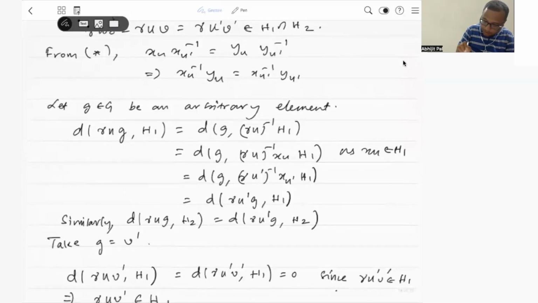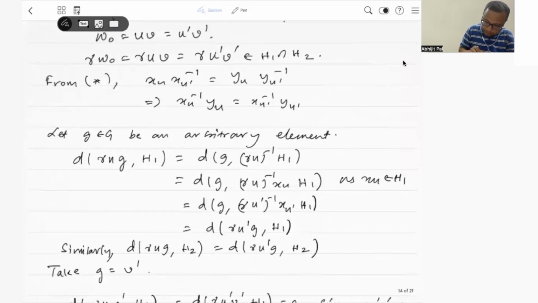Now from this equation, observe that the distance between g and γu'⁻¹xu'H1 is the same as the distance between g and γu'⁻¹xu'H1.